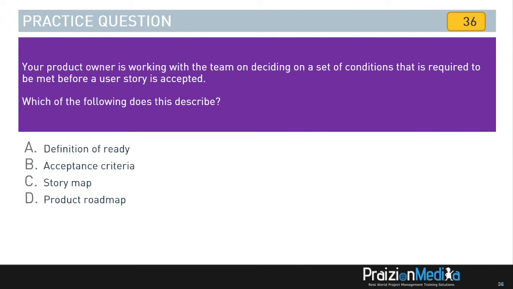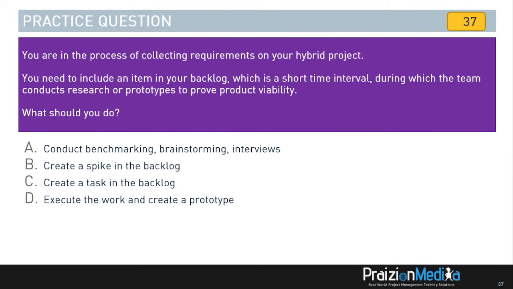It's option B, acceptance criteria. Definition of ready is a set of conditions that is required to be met before the story is worked on, but acceptance criteria has to do with the acceptance of the story. Let's move on to our next question.